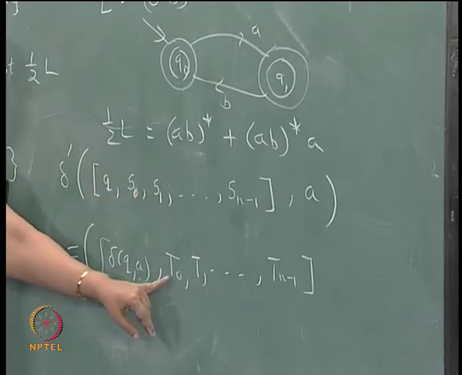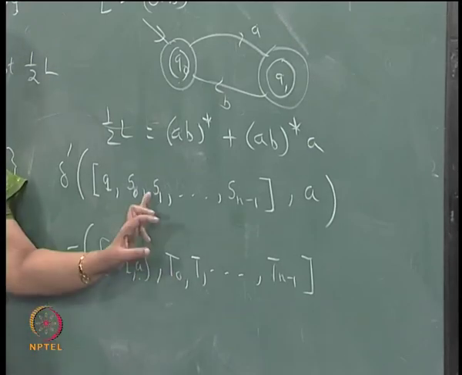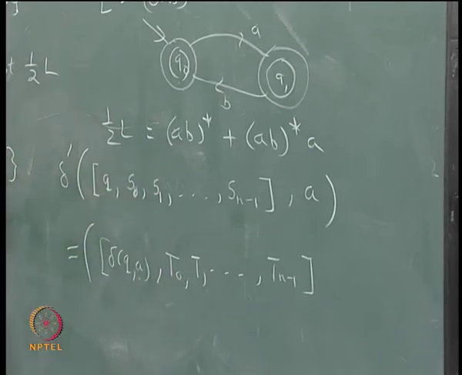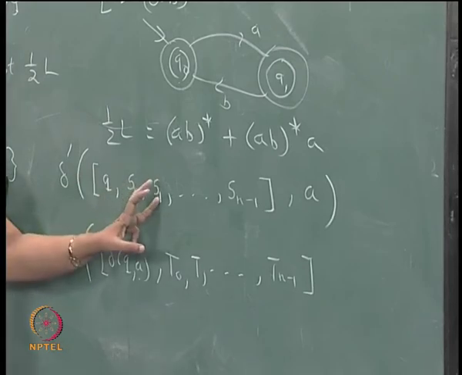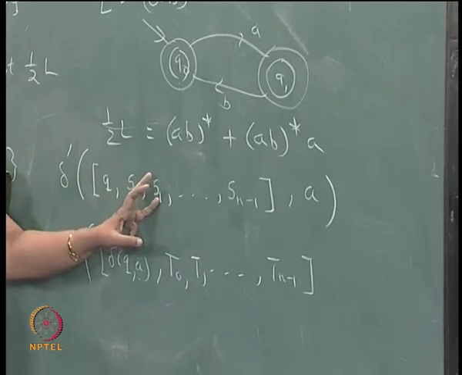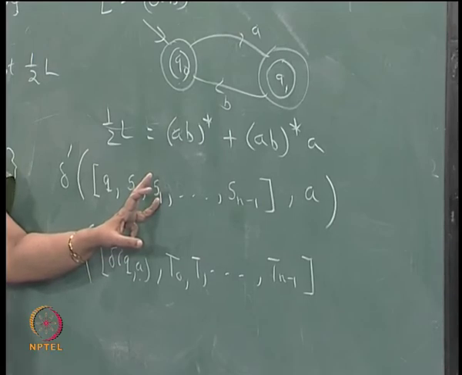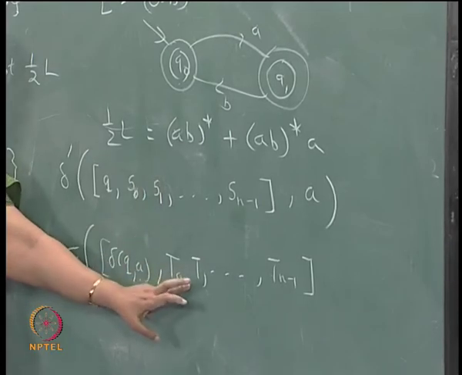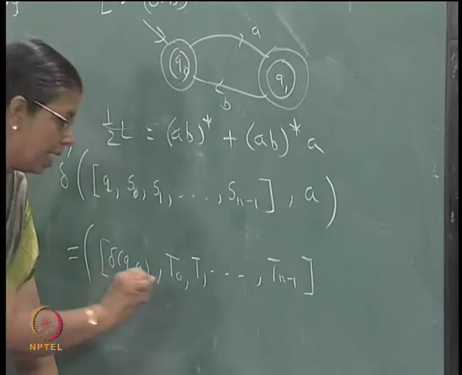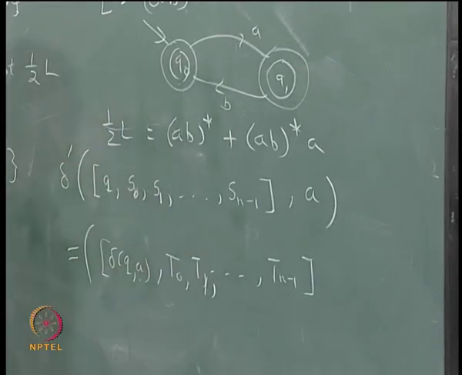That is given by T0. And S1 represents a set. From S1, by one move, that is by reading one symbol, what is the set of states to which you can go? That is T1. So, you can define the mappings like this.